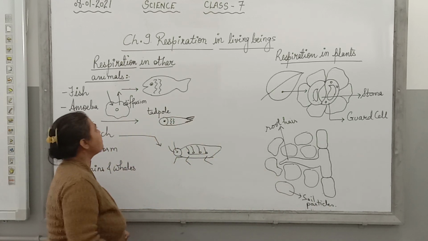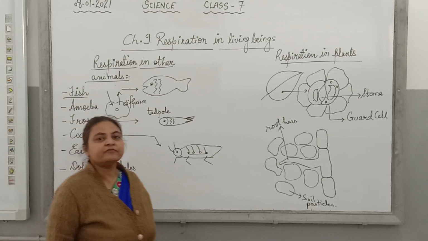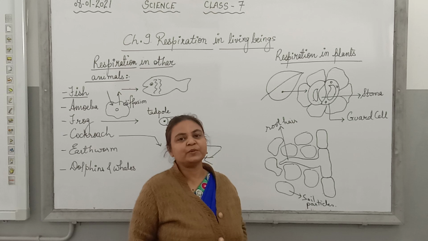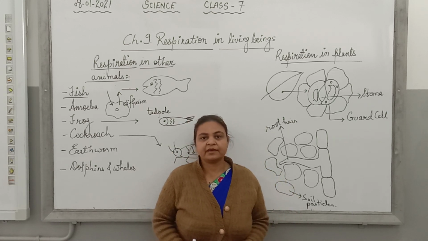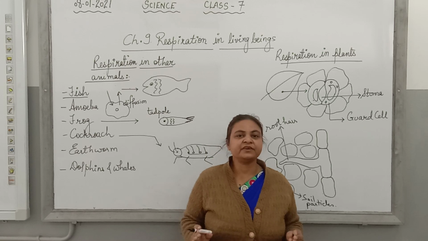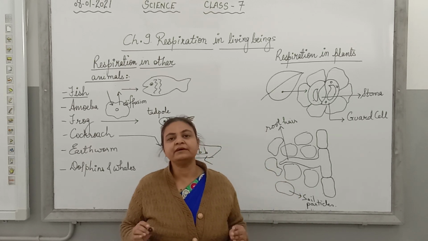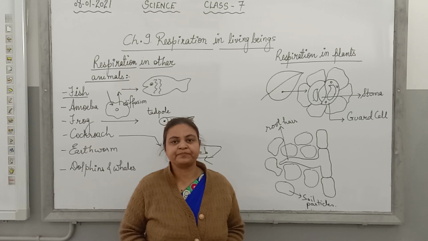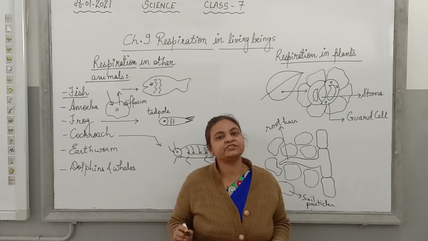Then second, we will study about fish. We all know that fish is an aquatic animal. It lives in water. So it has a specific organ called gills, which help in the respiratory process. Fish have to take the oxygen which is dissolved in water.